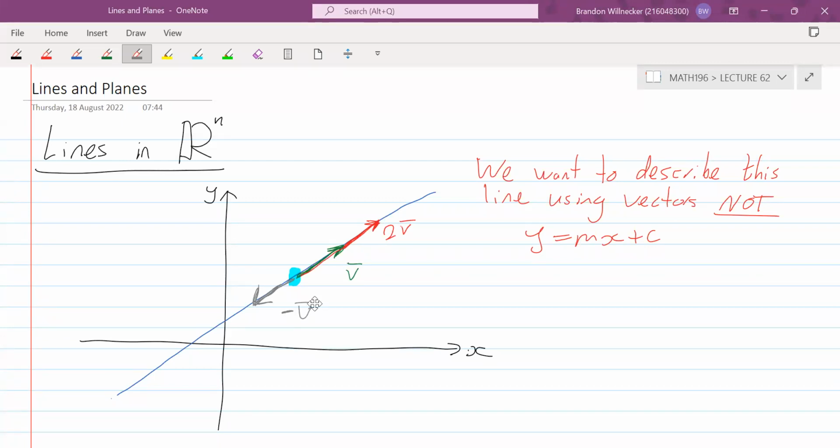Then we can even look at minus v, which will be in the opposite direction because all the components have been reversed. So with appropriate scaling, we can reach any point along this line. v ends up over here, 2v ends up over here, minus v ends up over here.